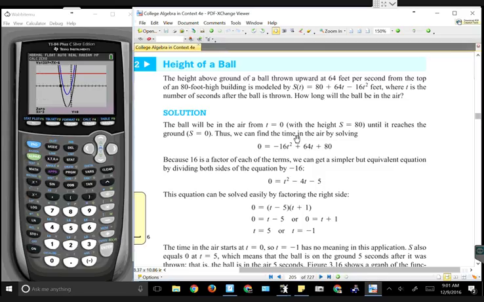Okay? Height of a ball. We've talked about these before. It says the height above the ground of a ball thrown upward at 64 feet per second from the top of an 80-foot building is modeled by that equation. Okay? How long will the ball be in the air? So, reset.